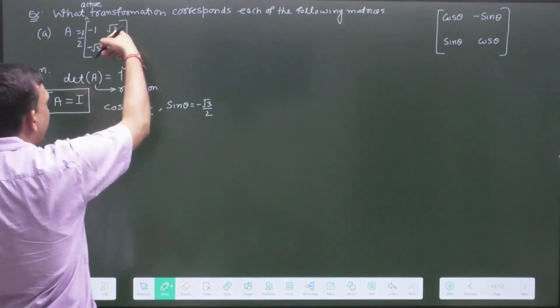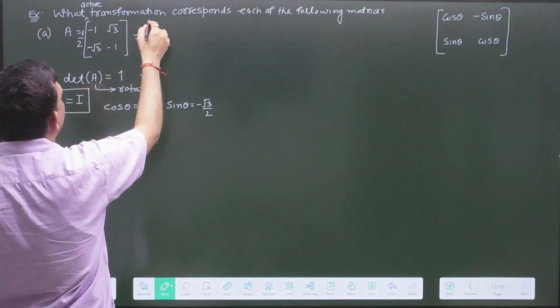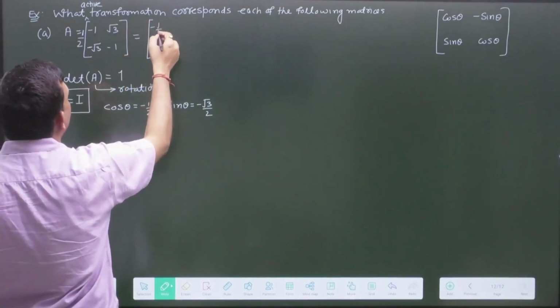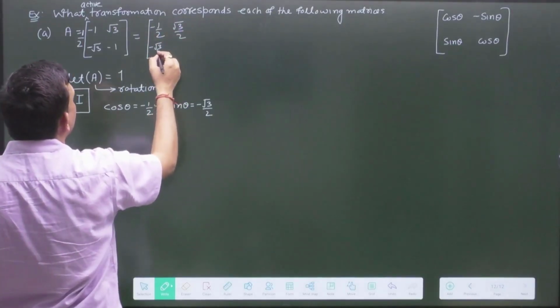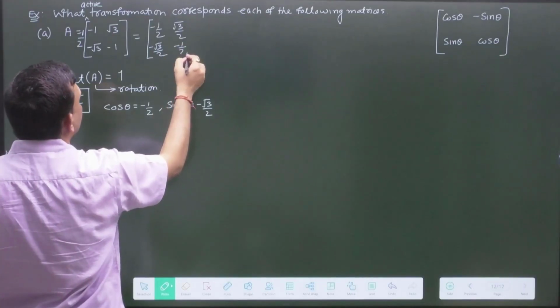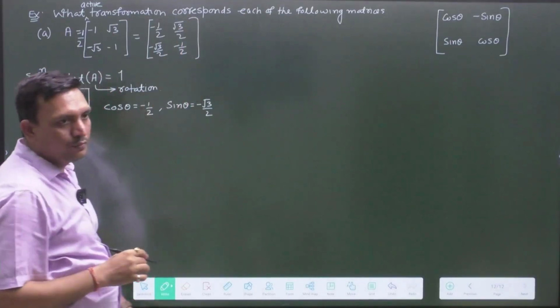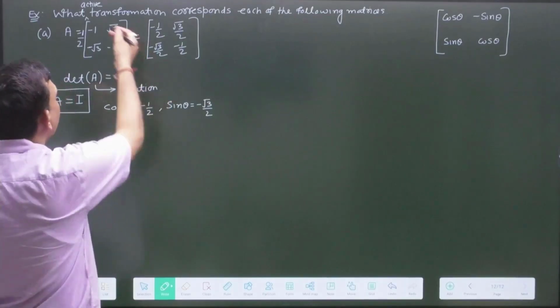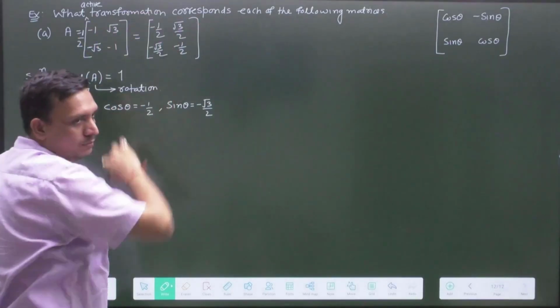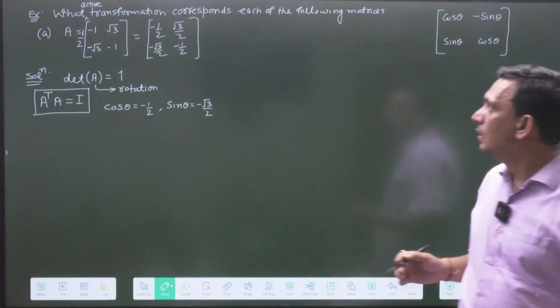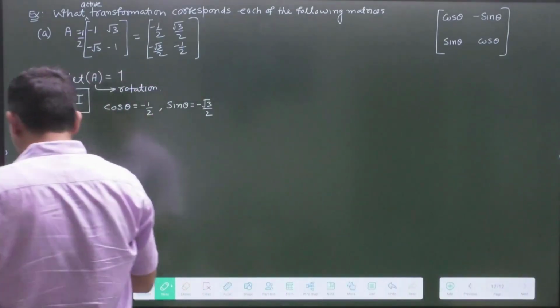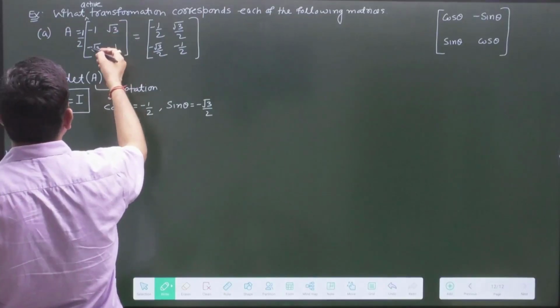This matrix is minus 1 by 2, under root 3 by 2, minus under root 3 by 2, minus 1 by 2. If you have to find the determinant, first you should write in this form.